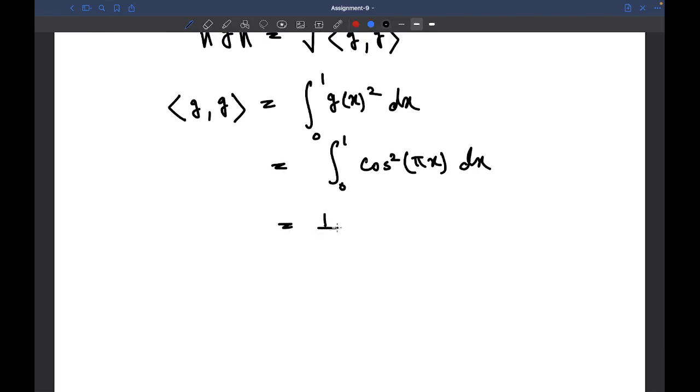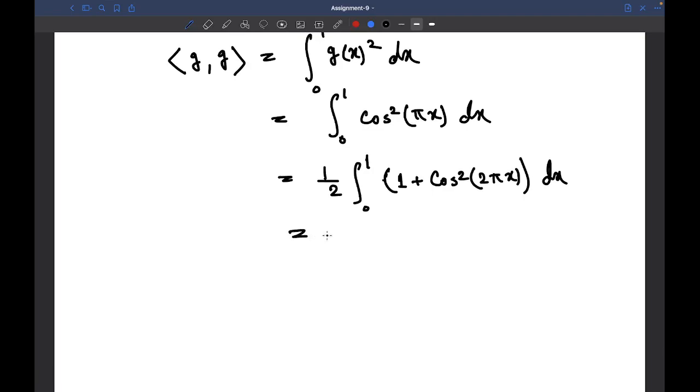So let's multiply by half and multiply by 2. 2 cos squared theta is 1 plus cos 2 theta, so we get 1 plus cos 2 pi x. Now we can integrate it.